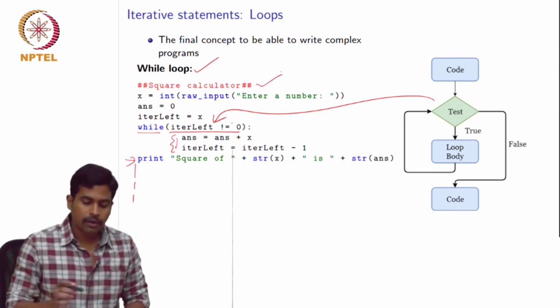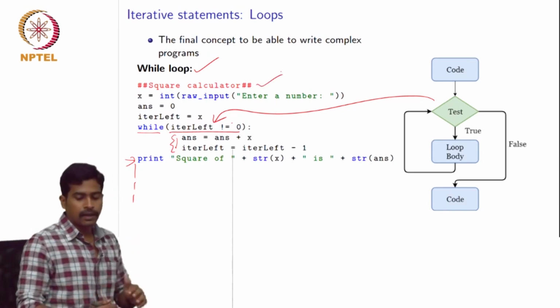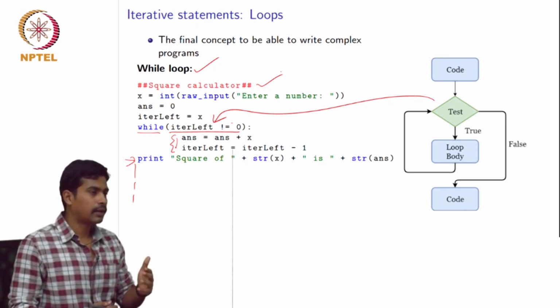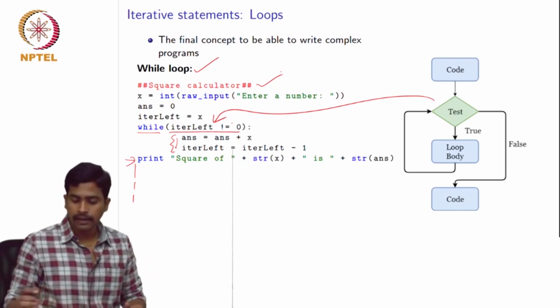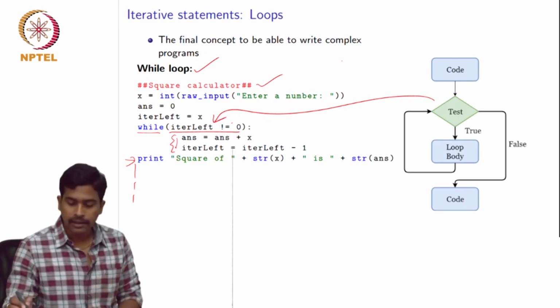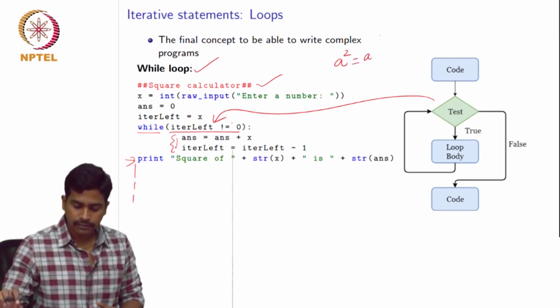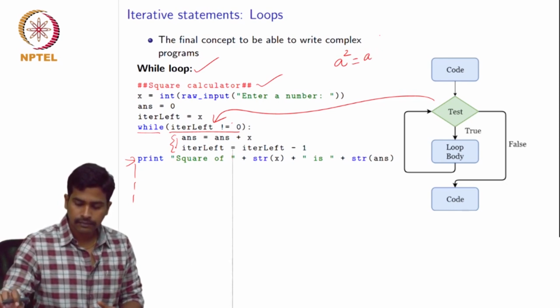So in this program, I want to calculate the square of a number. For example, if you give a number a, I want to calculate a square, right? A square can be calculated by adding a, a number of times.